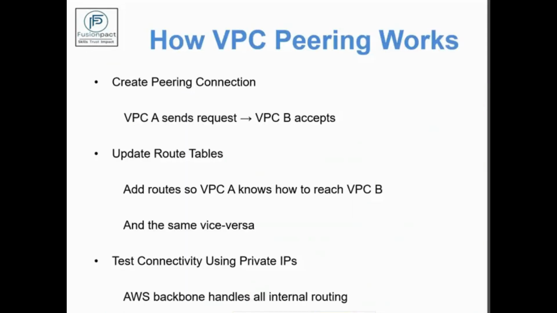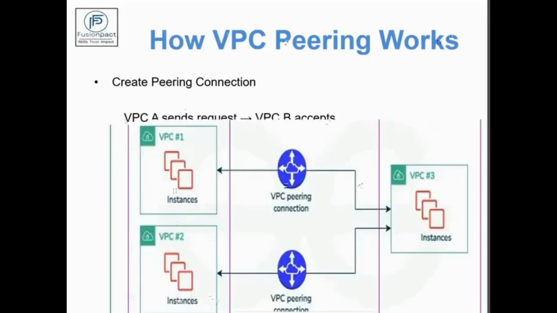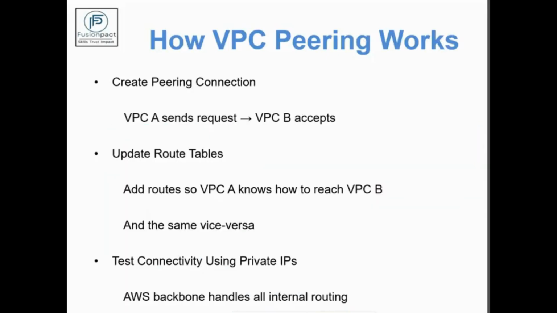So how does VPC peering work? VPC A sends a request to VPC B, and it will accept the connection if and only if we have updated the routes of the VPCs. There should be a proper routing table in VPC A so it knows the path to reach VPC B. The first thing is to mention the routing table.